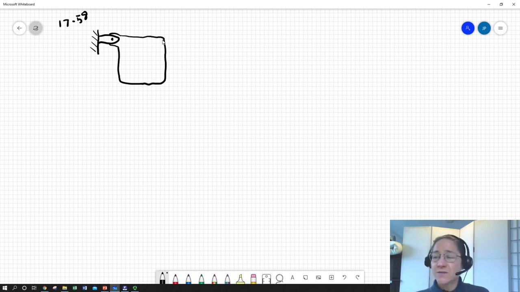I guess it's released from this position at t equals 0. And it's square, and it's 0.5 meters on each side. It's uniform, so it's got a center of mass right in the middle. The hinge point over here is point A, and we'll just call this point O, and O corresponds to the center of mass.